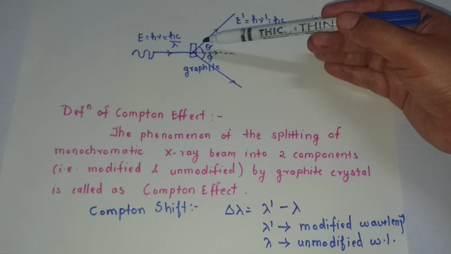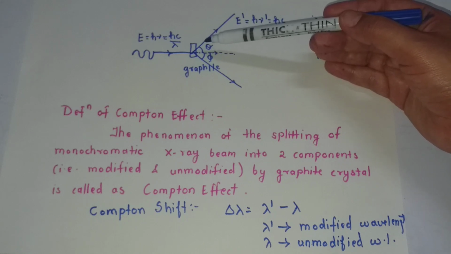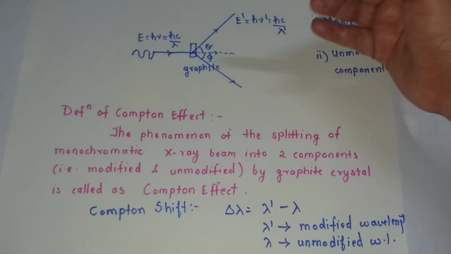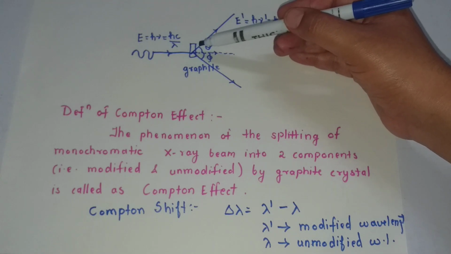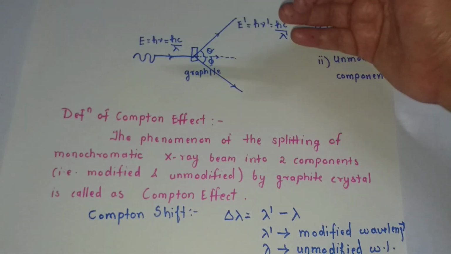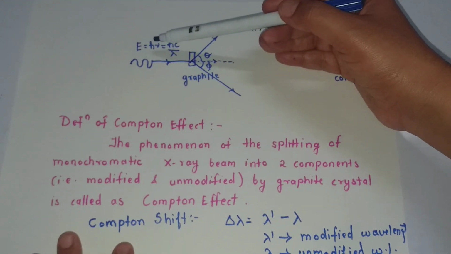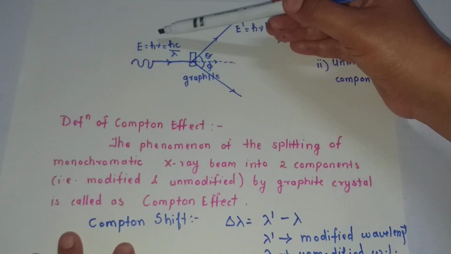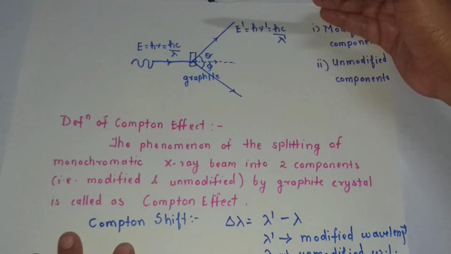In order to explain the phenomena for simplicity, let us consider a single electron, free electron, which is assumed to be at rest. Let us consider an X-ray photon of energy E equals h nu equals hc by lambda.